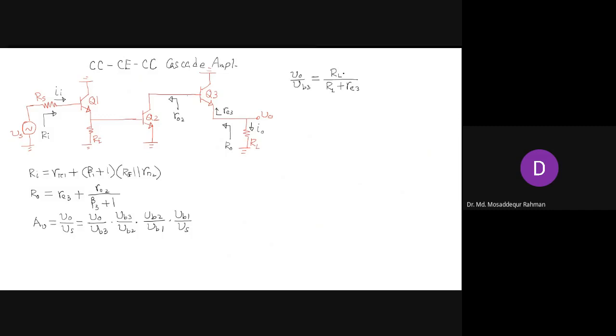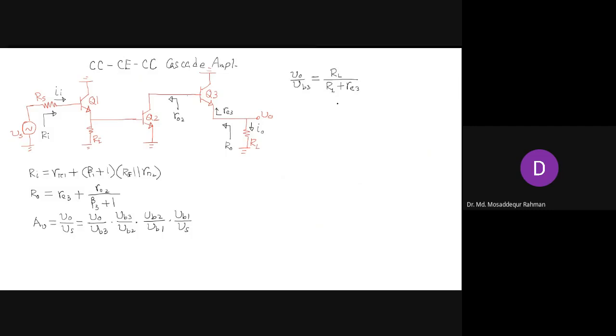You see that the common collector has almost unity gain, but that is true if RL is high. If RL is in the kilo ohm range and this is in the ohms range, you can ignore this, and it's approximately equal to 1. But if RL is very low, in the range of a few ohms, like 10 ohm, then this will not be close to 1, because re3 is also in the range of ohms, and it can be 10 ohms, 20 ohms.